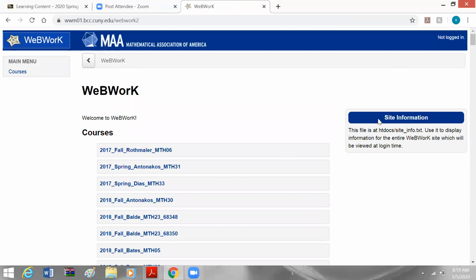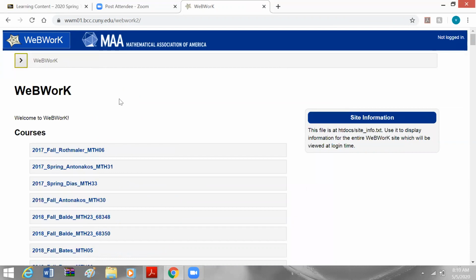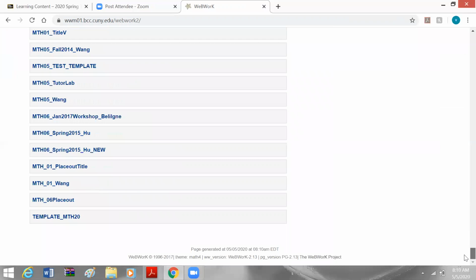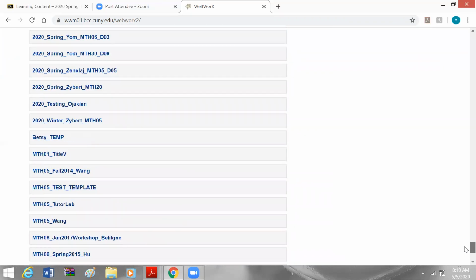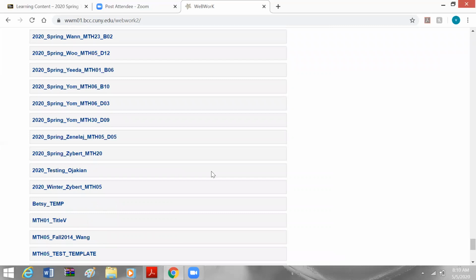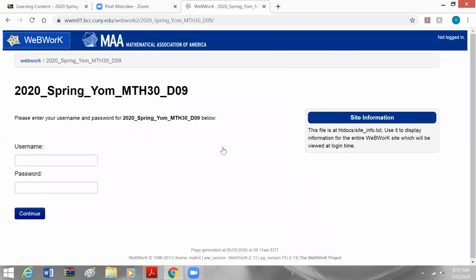We're going to use this for the rest of the semester, and we need to click on a certain web page. Let's say we go to Math 23 for a different person. Then you have to enter the username and password and so on and so forth.